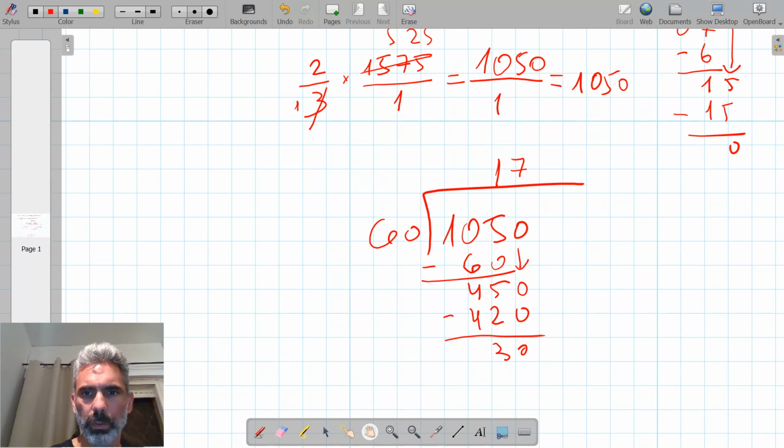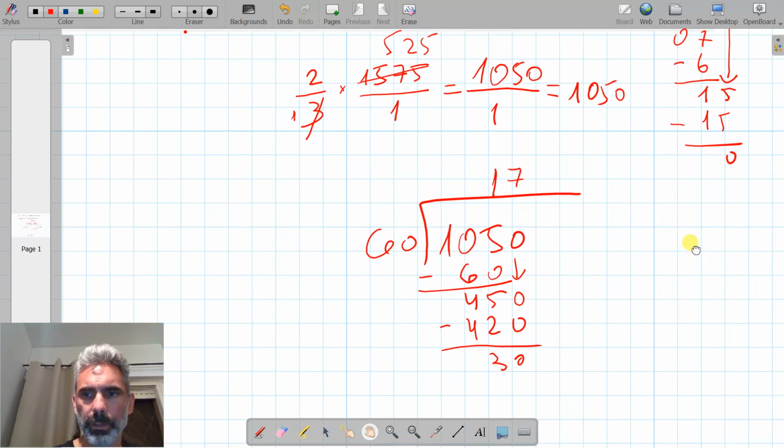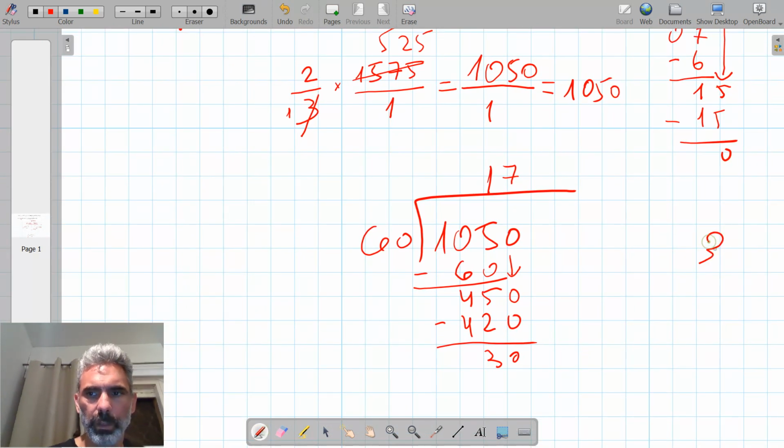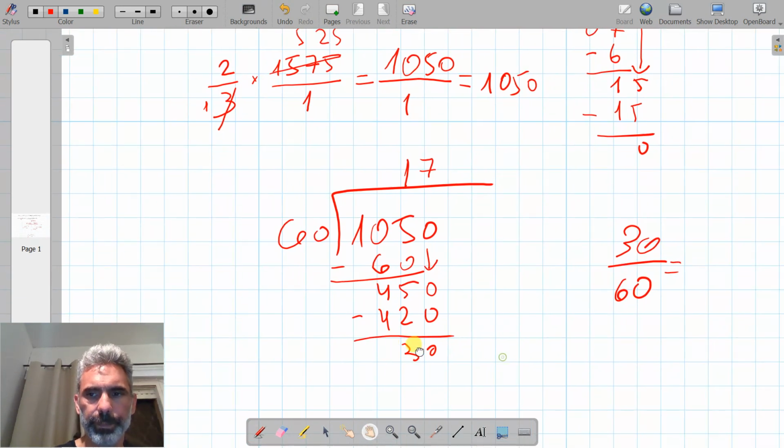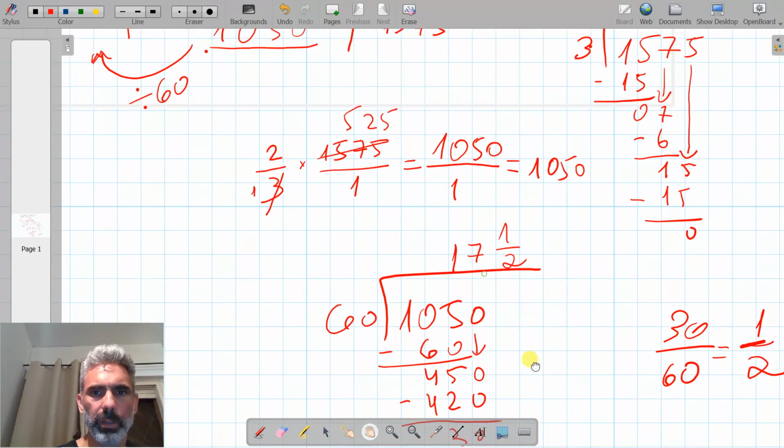Okay, so 30 over 60 is 1/2. 30 divided by 30 is 1, and 60 divided by 30 is 2. So the answer here is 70 and 1/2.